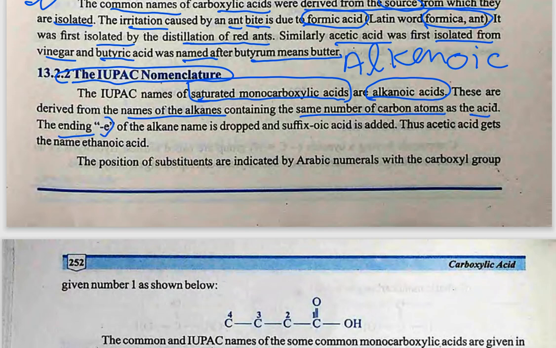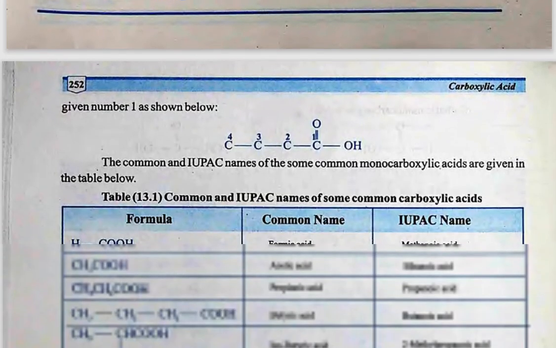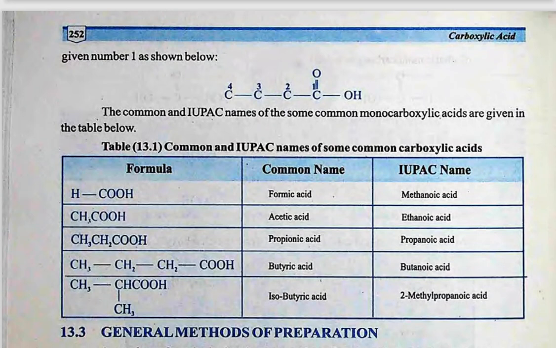The ending e of the alkane is dropped and the suffix oic acid is added. So acetic acid gets the name ethanoic acid. Positions of the substituents are indicated by Arabic numerals, with the carboxyl group as carbon 1. The numbering of the carbon starts from the end from which the substituent gets the lower number, so numbering starts here from 1, 2, 3, 4.